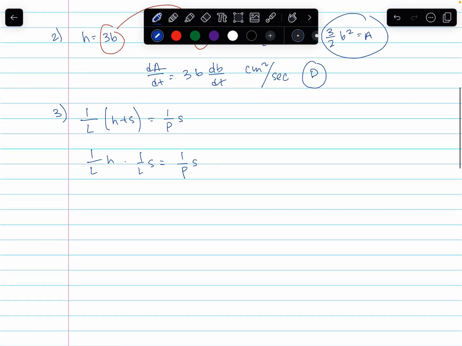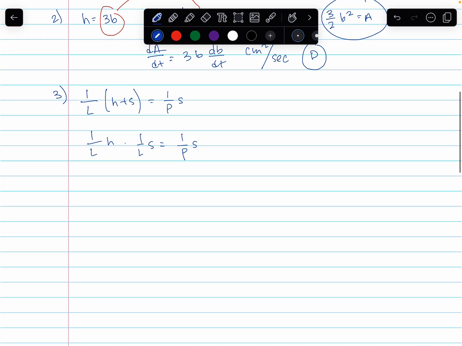So let's take the derivative, remembering that all of these are functions of time. So this is going to be 1 over L dh/dt plus 1 over L ds/dt equal to 1 over P ds/dt, keeping in mind that these are like terms.